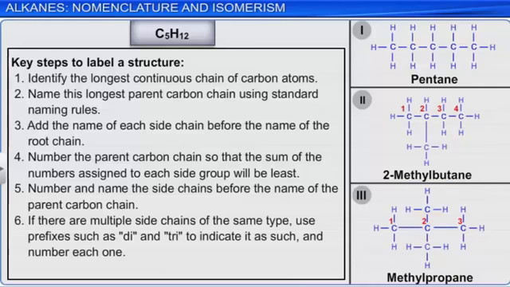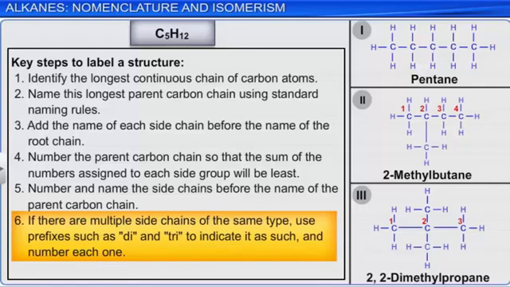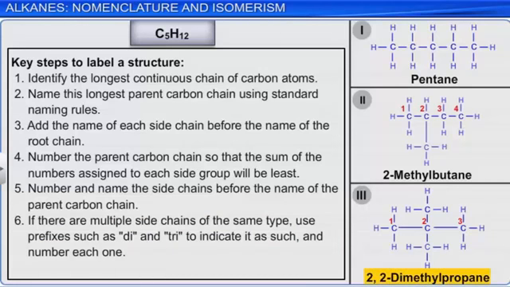So, we take the 6th step, which is to use prefixes such as di and tri to indicate the groups and number each one in the name. Thus, the name of the third compound is 2,2-dimethylpropane. With this, we have labeled all the 3 structures.